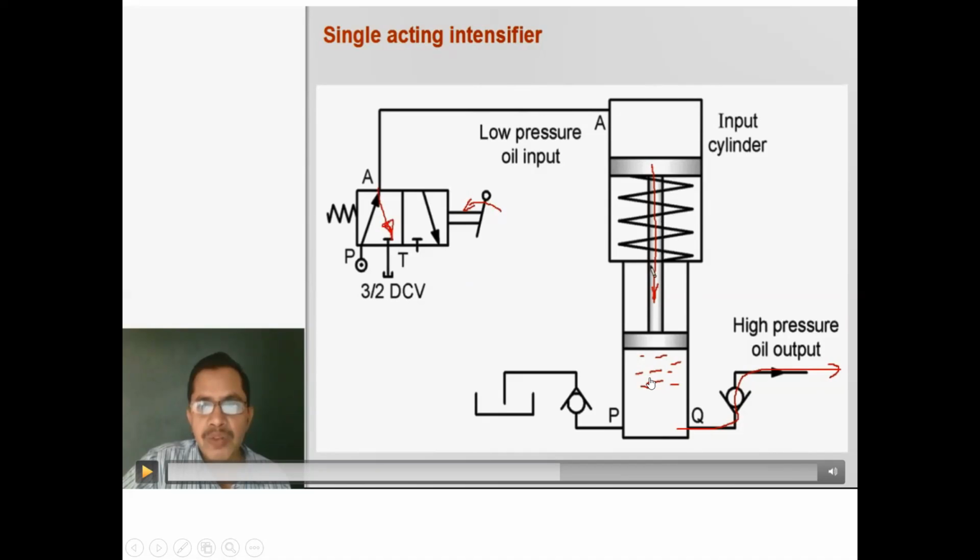Because of this, the piston moves upward, creates a vacuum here, and due to this the oil from the reservoir enters through port P inside this output cylinder.